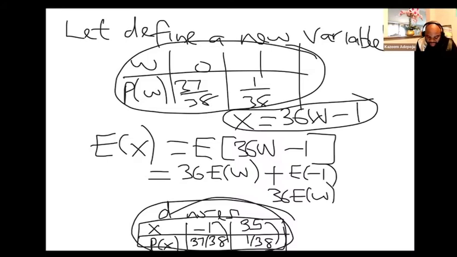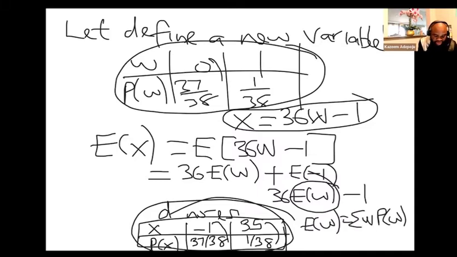The expectation of minus 1 is minus 1, so I need to find the expected value of W. The expected value of W can be found using the summation of W times P of W, so this times that, then you just add up. Whatever you get, you multiply by 36 and subtract 1.